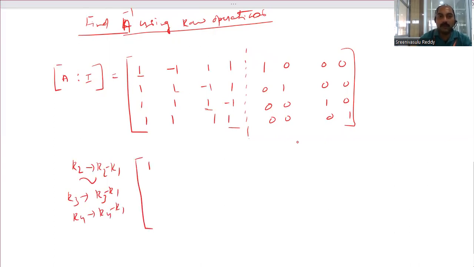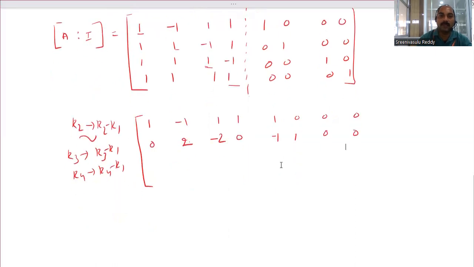So now the first row is 1, minus 1, 1, 1, 1, 0, 0, 0. We apply the operations on the total row, 8 elements. The first part is A, the second part is the identity. So for R2 minus R1: 0, 2, minus 2, 0, minus 1, 1, 0, 0.